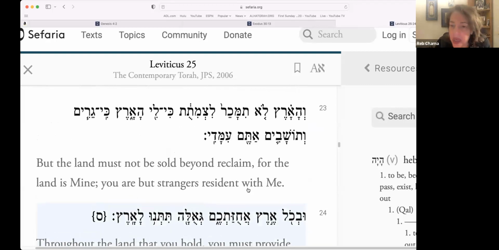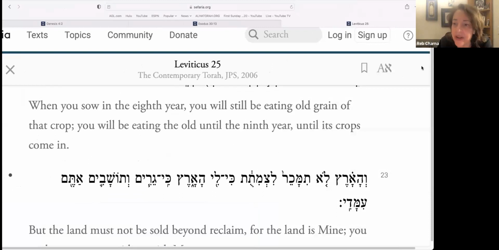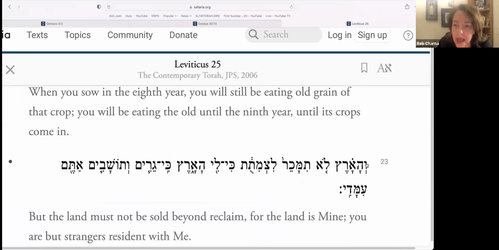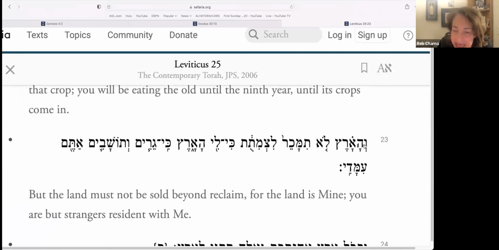So here we go. V'ha'aretz lo timacher litzmitut. By the way, I hope you all really have gotten a good handle on how to use Sefaria. Sefaria is the most amazing tool. All right, so we'll take this sentence.